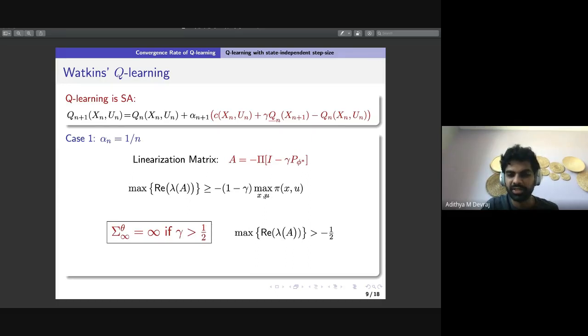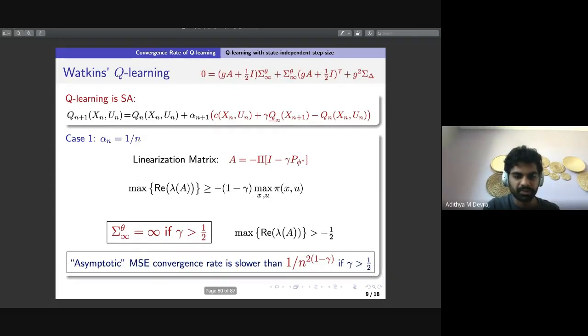Because of that, whenever the discount factor gamma is bigger than half, this quantity on the right hand side is bigger than minus half, and you can show that the asymptotic covariance is infinity. So this implies that the convergence rate is slower than 1 over n if you use a step size of this form, because the asymptotic covariance is infinity. So we can use the negative result that I showed.